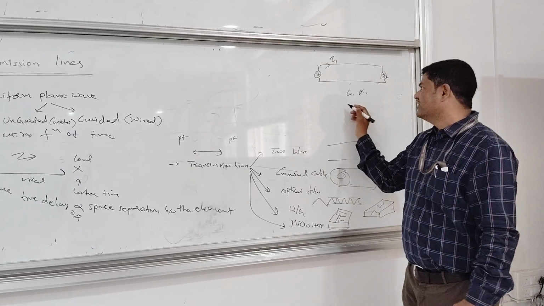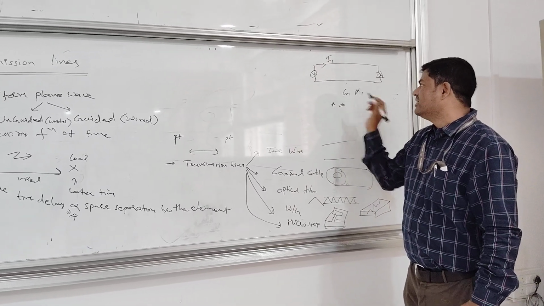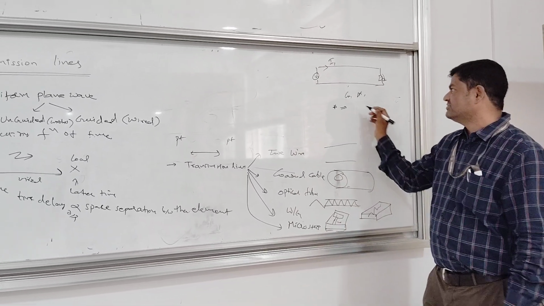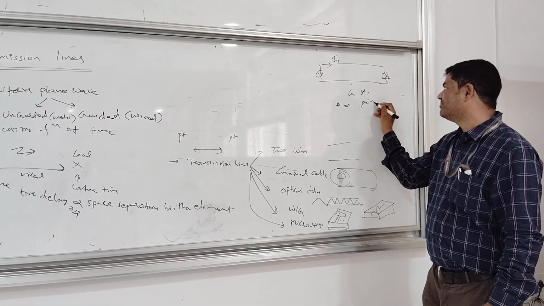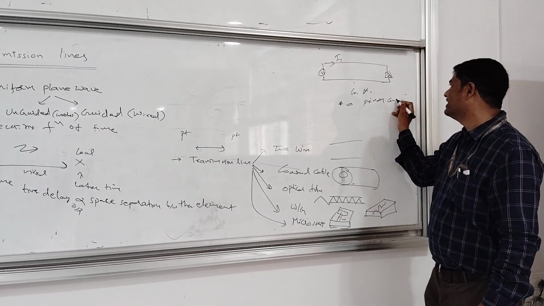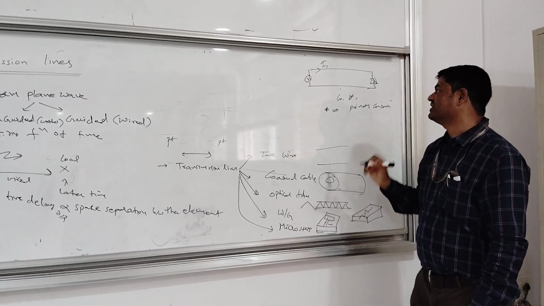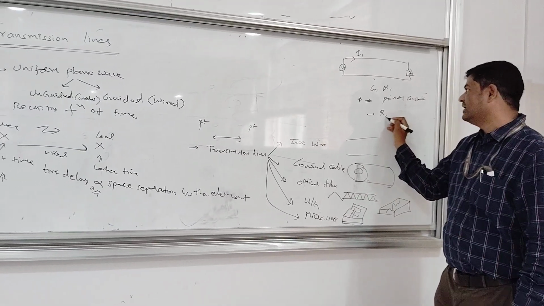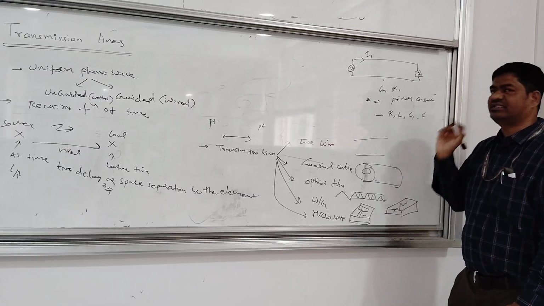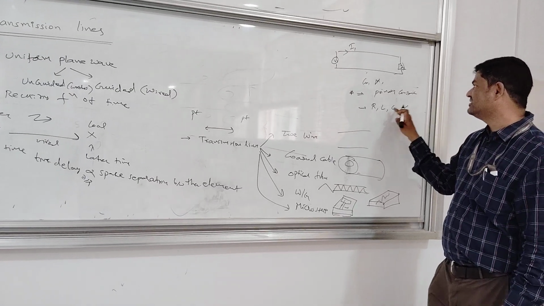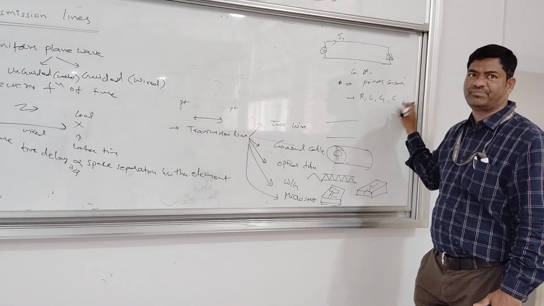This is simple. We will have four important constants in the transmission line, which we call the primary constants, which are very, very important. What are the primary constants? R, L, G, C: resistance, inductance, conductance and capacitance.